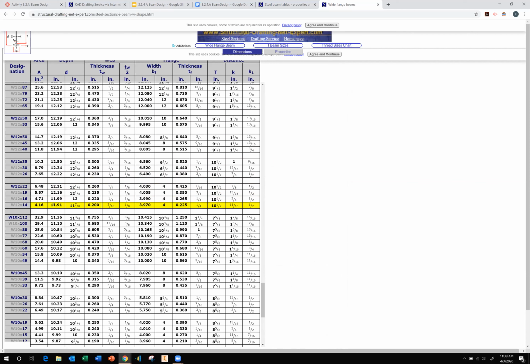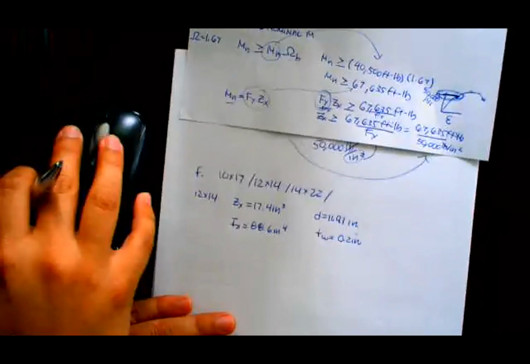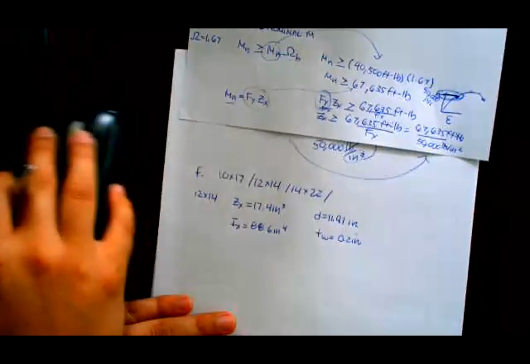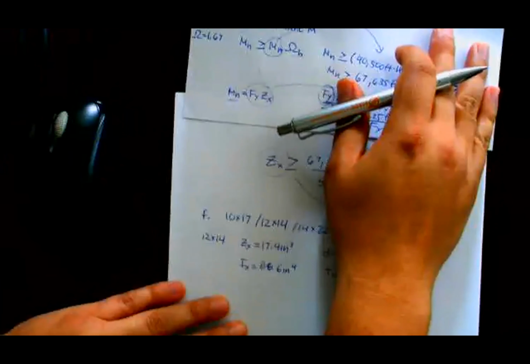And the TW is equal to 0.2. I've got all the information I need. I'm going to switch back to my other screen. Okay. I'm going to move this to the side. Okay. Any questions so far?